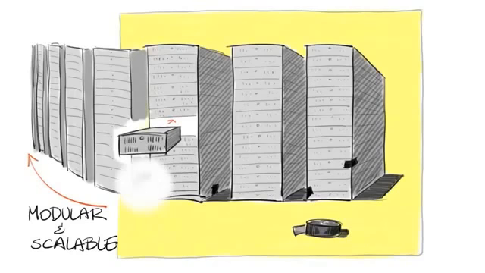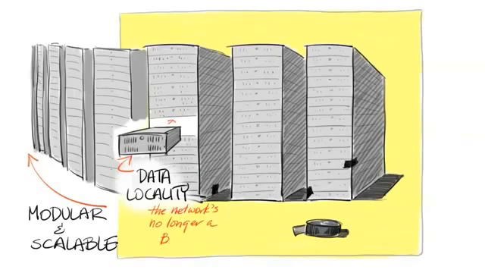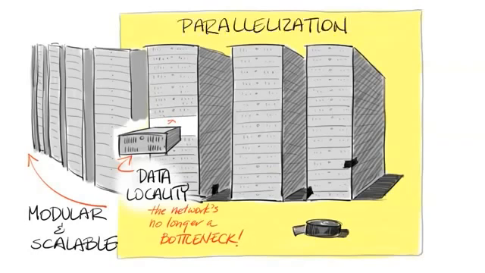Second, cluster architectures have the concept of data locality, where data can be processed by the computing cores co-located in the same node or at least in the same rack as the disks where the data is, eliminating or minimizing any data transfer across the network. And the result is that the network is no longer a potential bottleneck. Plus, it naturally drives parallelization of activities, becoming ideal for massive parallel processing type of activities.